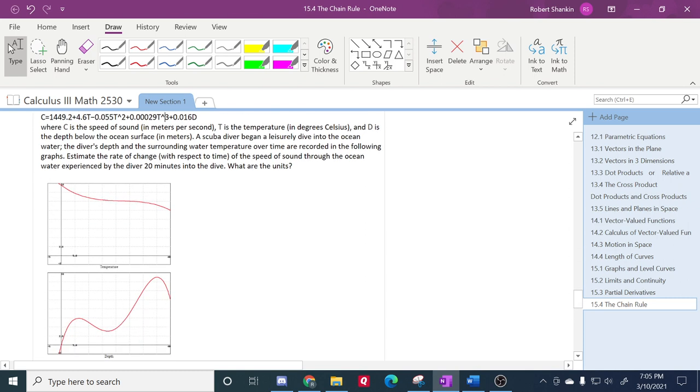So let's look at these two graphs. On the temperature one, this axis is time in seconds, and this axis is the temperature.